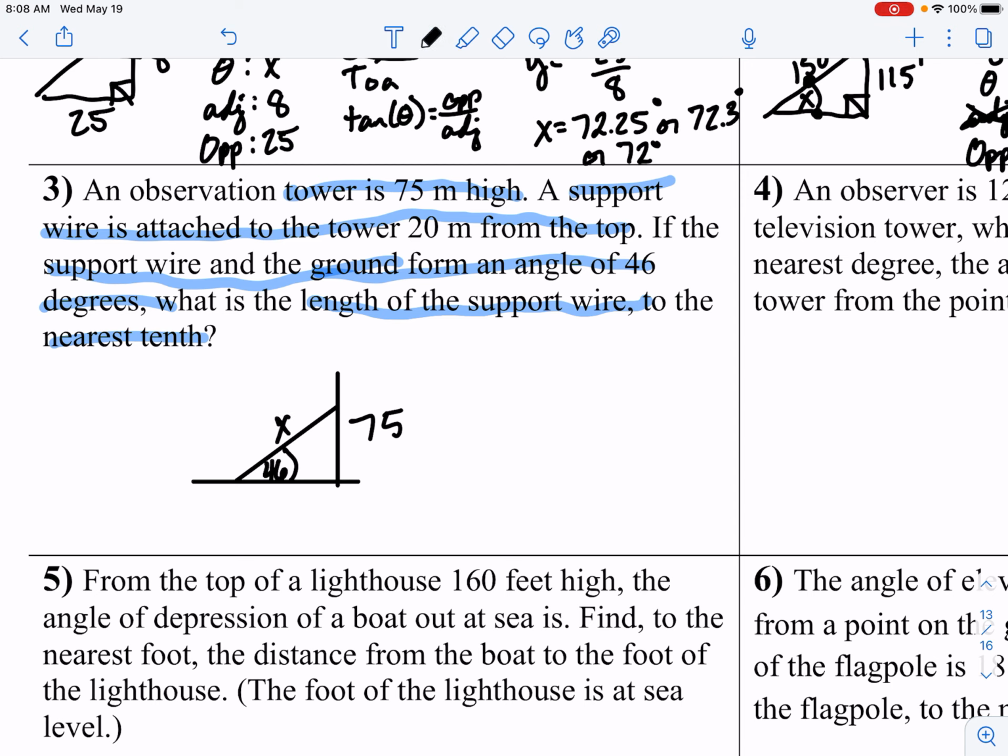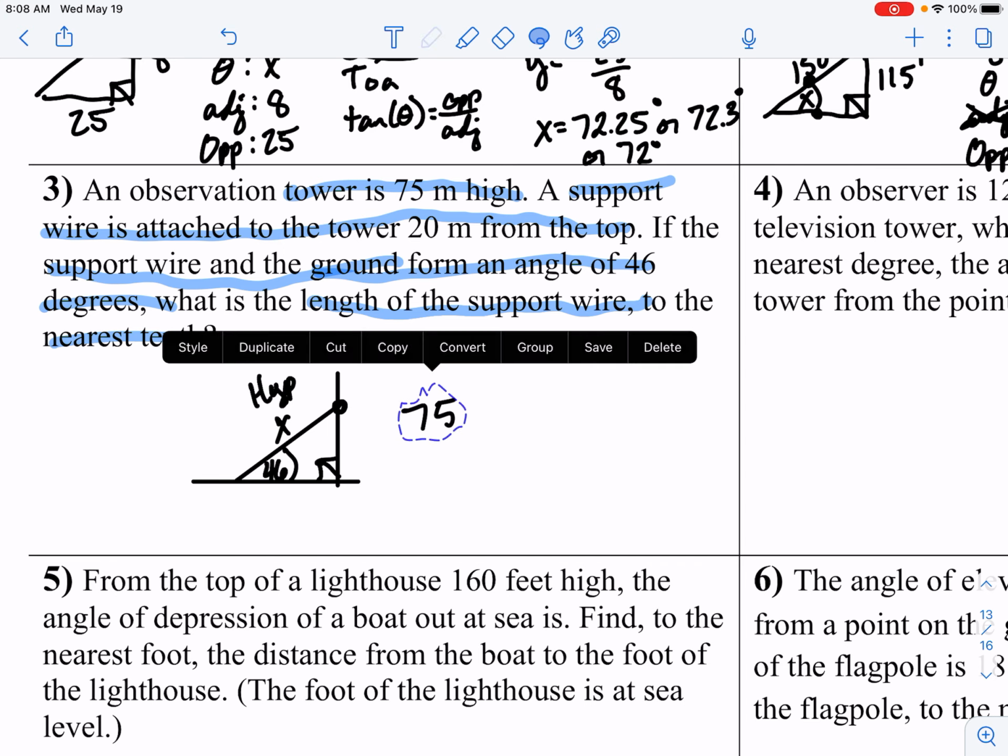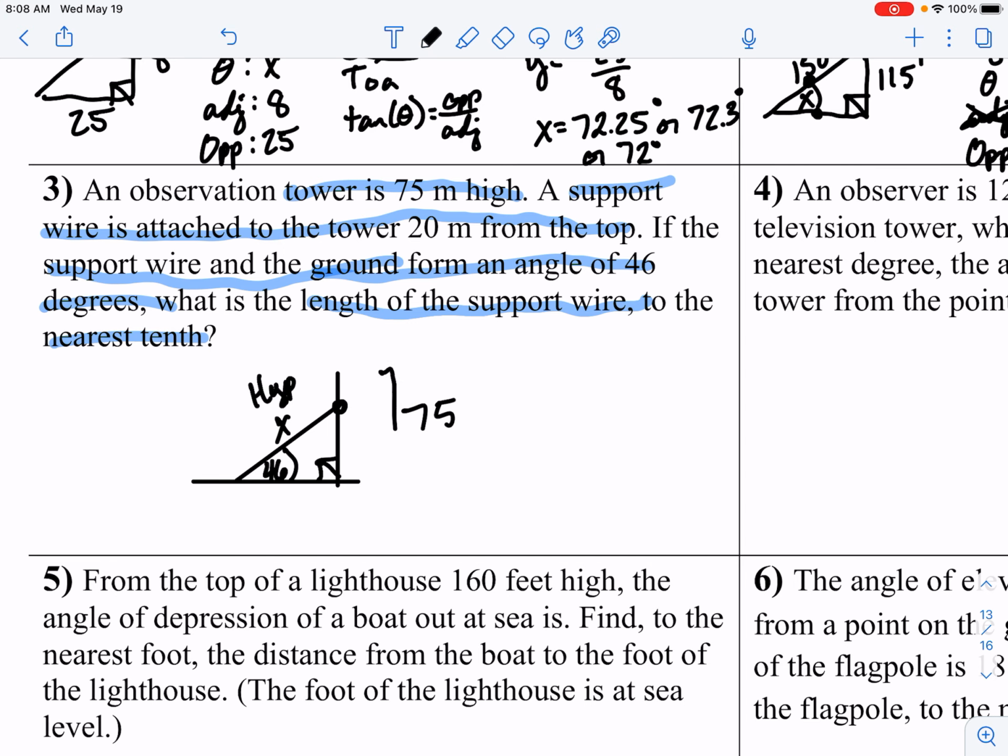So X. Now, remember, this problem is one of the tougher ones in my opinion. Reason being is because we're not going all the way to the top of that 75. If you've taken any trade classes, being able to read a blueprint will help you tremendously here.